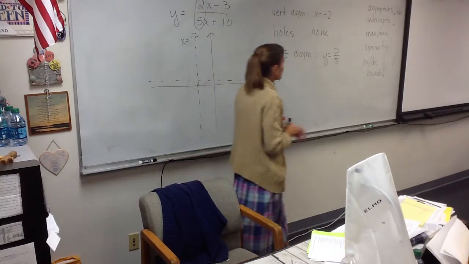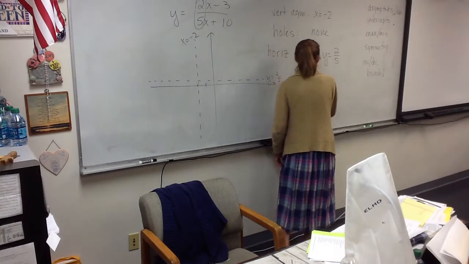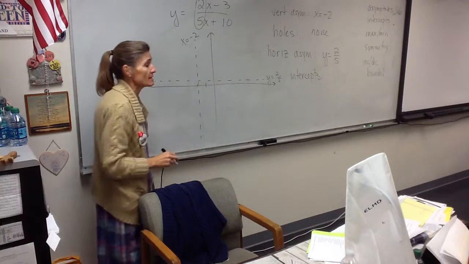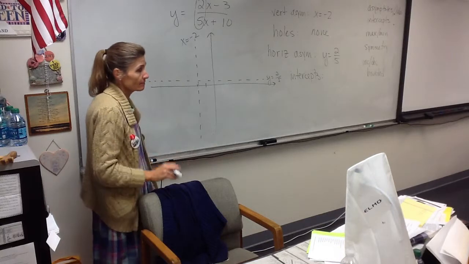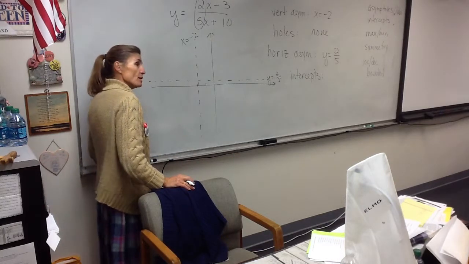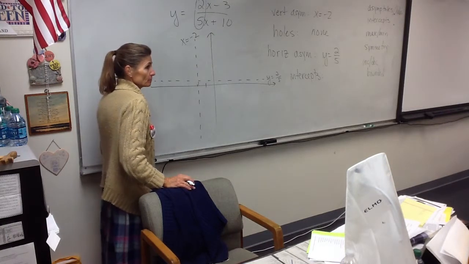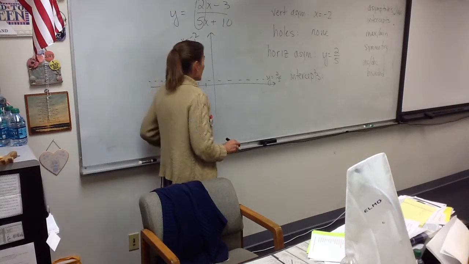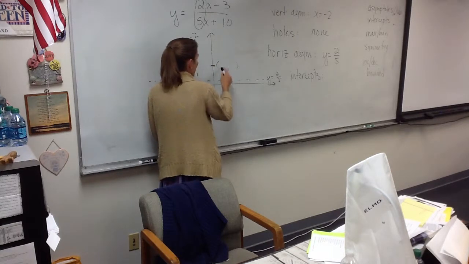Now, intercepts. We know what those are. Intercepts are the places where the curve crosses the x-axis or the y-axis. To find intercepts, anybody know how to do that? I know, you may not remember. Well, if we are crossing an axis, what can you tell me about one of these points?